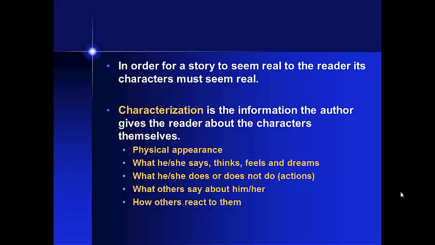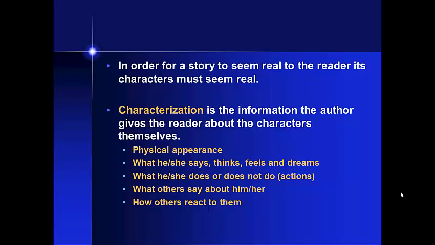Not only do we worry about their physical appearance, we have to be considering what they think or what they feel or what they dream about. And I don't mean dream while you're sleeping. I mean their hopes and dreams for their future. What they do or do not do. Sometimes what characters choose not to do is more telling of a character than what they actually do.